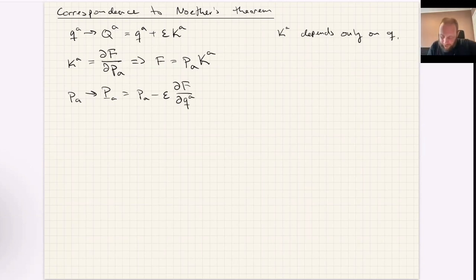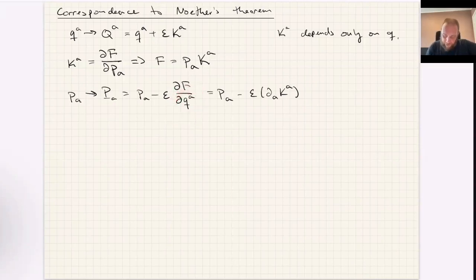And if we write this out, this is p_A, and then we get minus epsilon, and then the derivative of K^B p_B with respect to q^A.